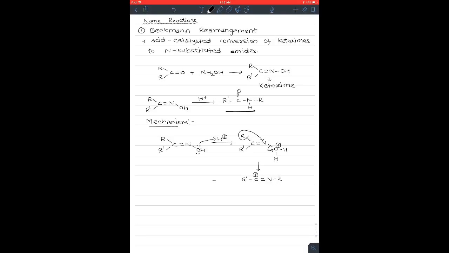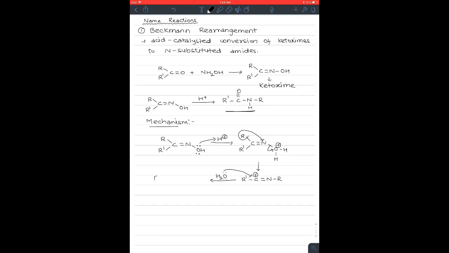Now after this, the water molecule that has departed from the substrate is electron rich, and it will have a tendency to attack an electron deficient species. The carbon in the compound has a positive charge, which indicates that it is electron deficient. So the lone pair of oxygen will attack this carbon.